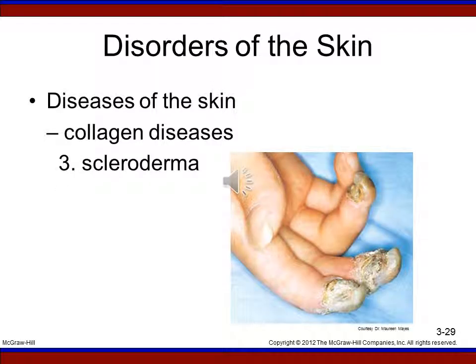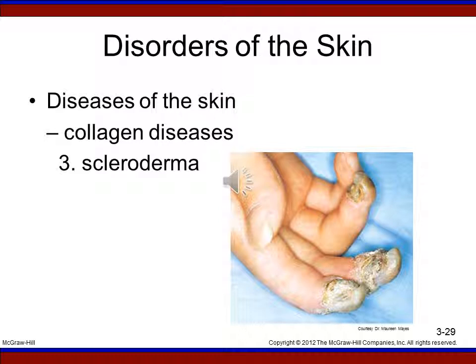Sticking with collagen diseases, we have scleroderma. Scleroderma is a chronic, persistent autoimmune disease characterized by hardening and shrinking of the skin that makes it feel leathery. Which gender do you think scleroderma affects the most?